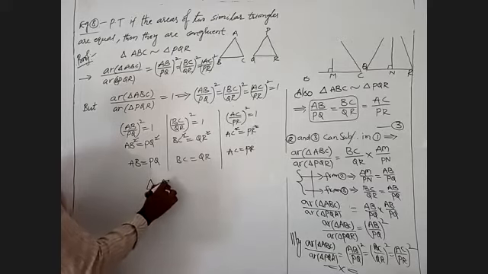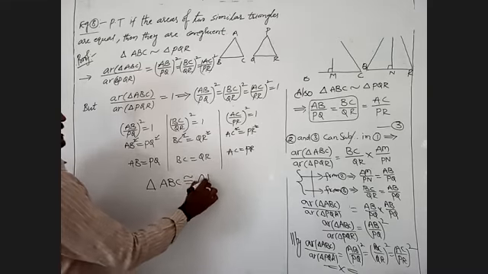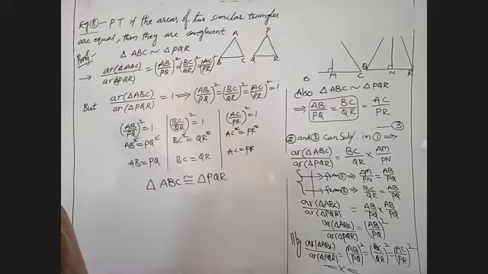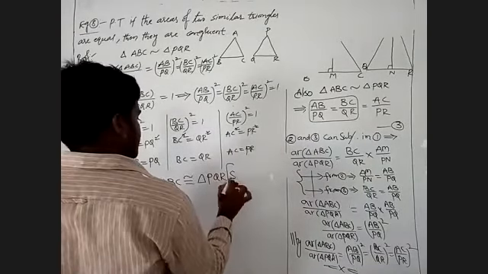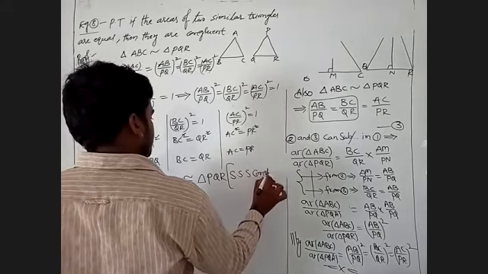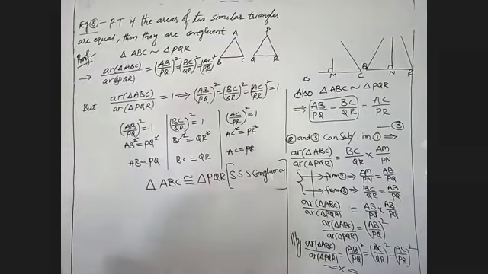That means triangle ABC is congruent to triangle PQR by SSS, side-side-side congruency. The remaining theorem we will see in the next class.